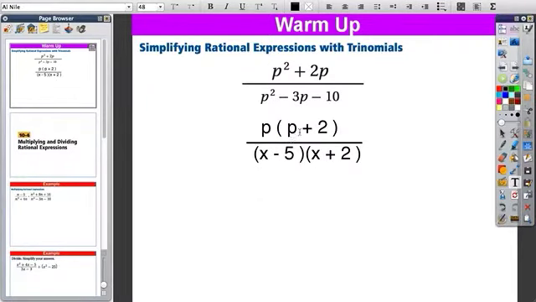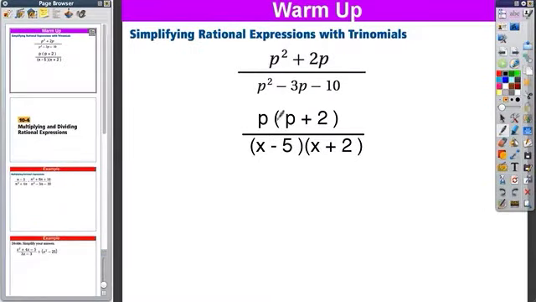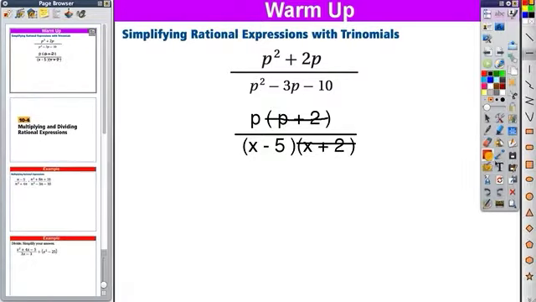Now, if you notice, there are two factors that are the same from the top and bottom, so this factor right here reduces with that factor, and you're left with just b on the top.